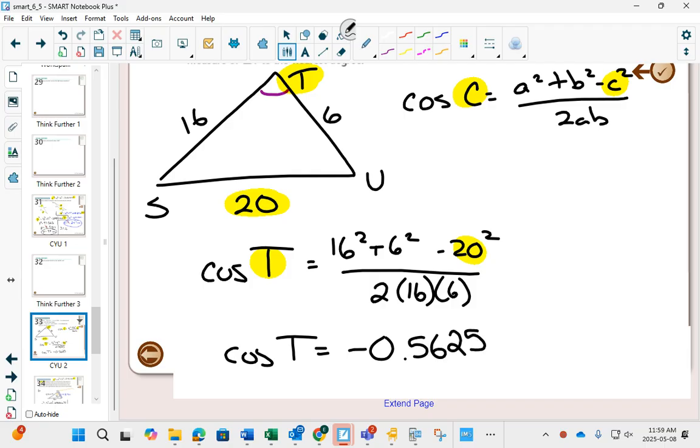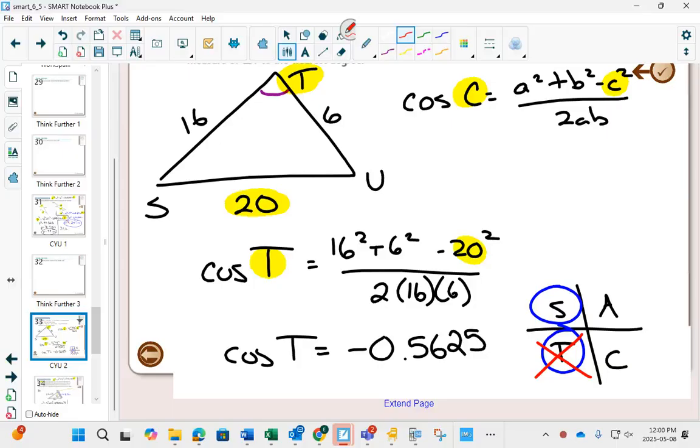So it's interesting because it's negative, because now according to your CAST rule, it's here or here. And I already know because it's a triangle, it cannot be over 180 degrees. So I'm going to put an X through that one. I'll find it and X it out again later.